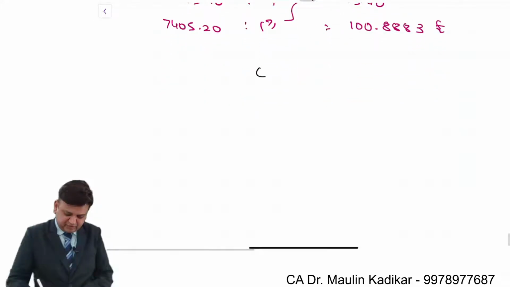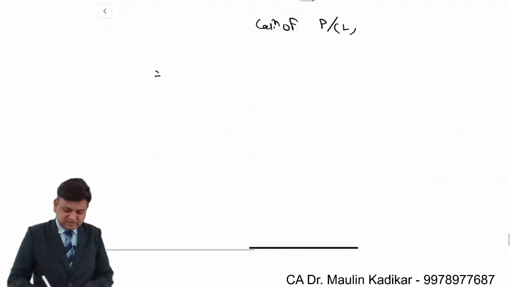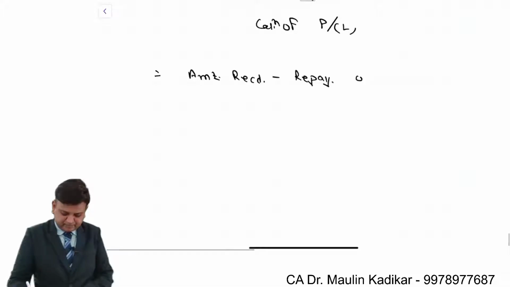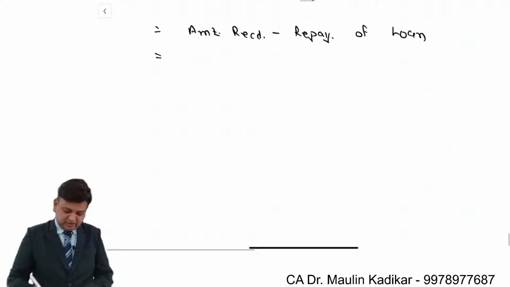Last is calculation of the profit or loss. In that, amount received minus repayment. 100.8883.